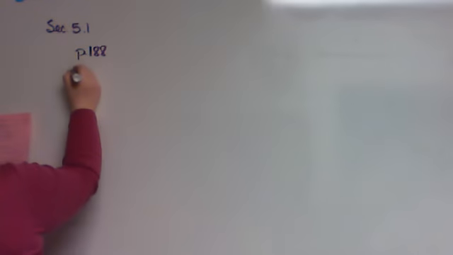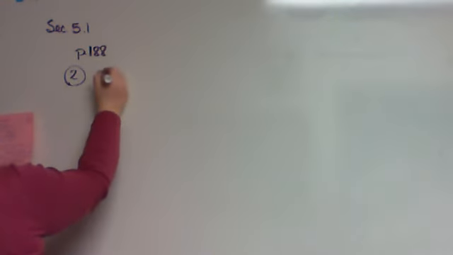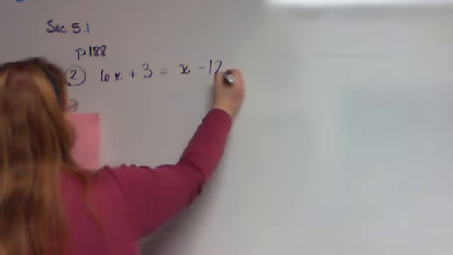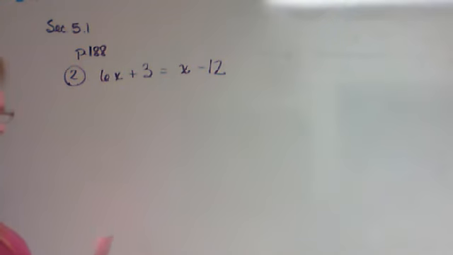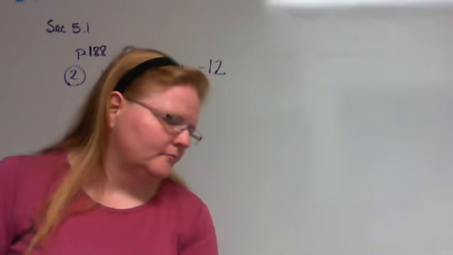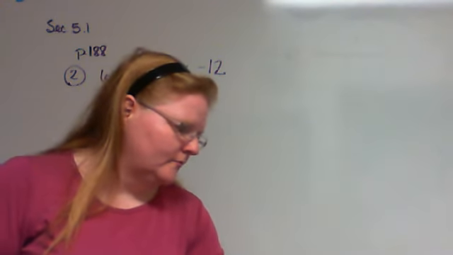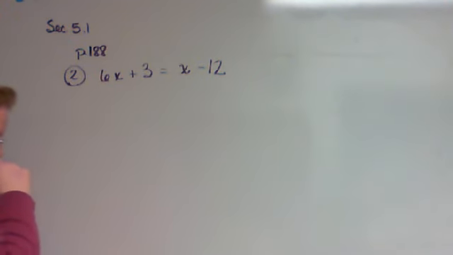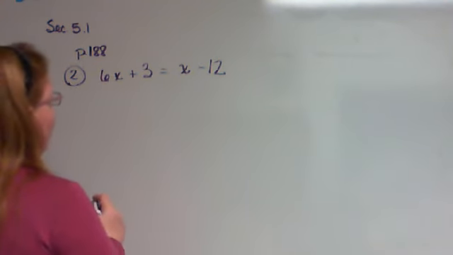On page 188. It must be problem number 2. 6x plus 3 is equal to x minus 12. Graph the solution on a number line. They want me to solve it and graph it.